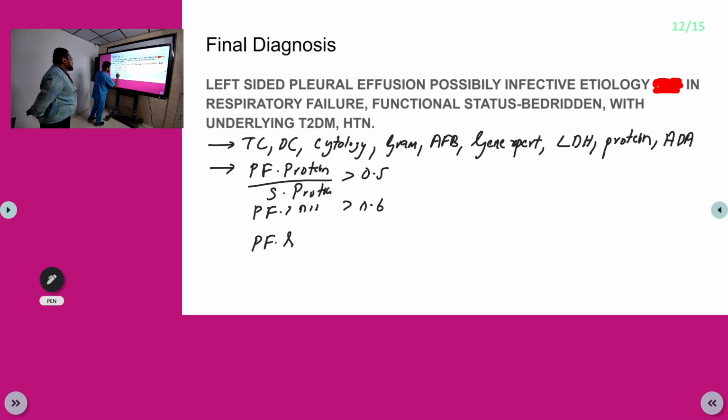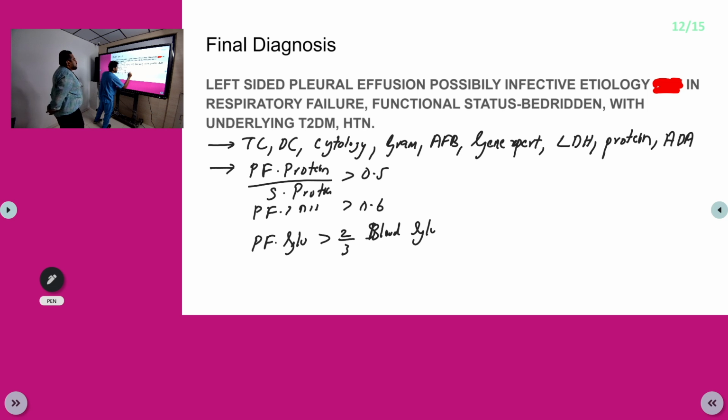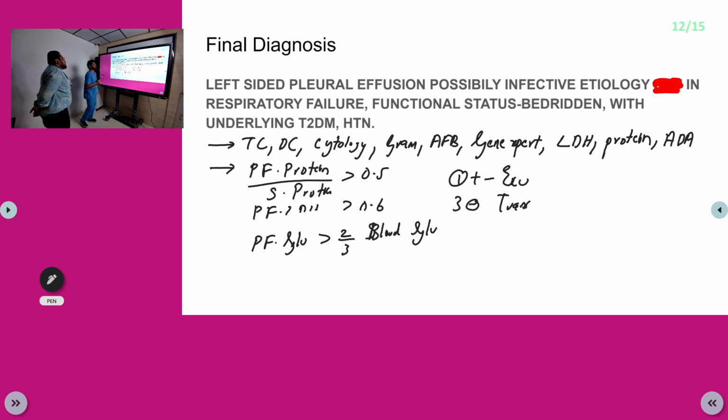Pleural fluid sugar more than 2/3 of the blood glucose. So, if it is more than this, what will you call it? Which is exudative, which is transudative? If any one is positive, then it is an exudative pleural effusion. If all three are negative, then it is a transudative pleural effusion. So by this we will be able to say whether it is a transudative or an exudative pleural effusion.